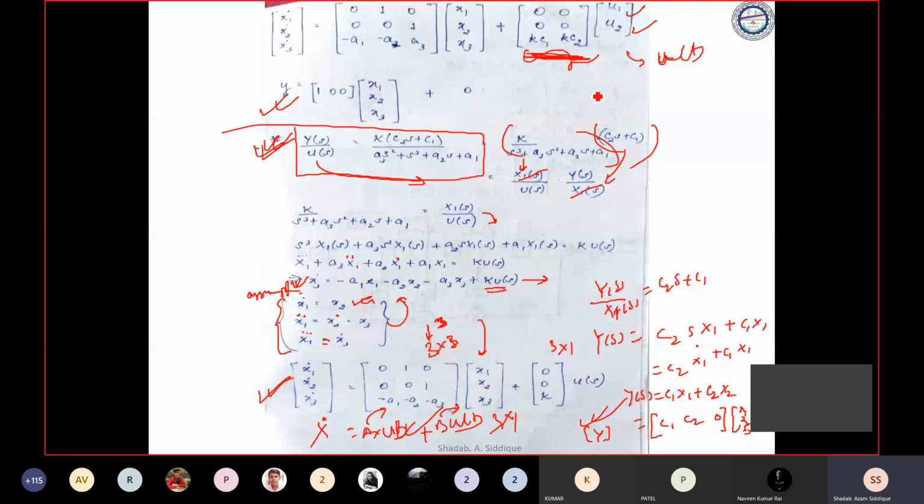See, I'll give you the transfer function, or I'll give you the nth order differential equation. You will be able to directly write this model. Directly you can write. This is very, very easy to write. Okay, you can directly write this equation.